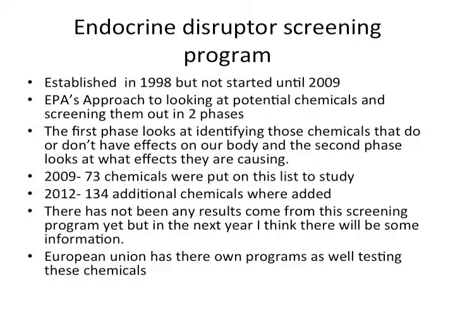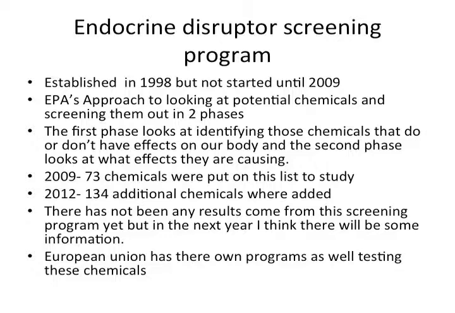So it took the government 11 years to even do anything with this. Basically, their approach is that they're going to add chemicals to a list, study them for a period of years, and see if they have any effects in lab rats, or just in the laboratory pretty much, if they have any kind of problems.